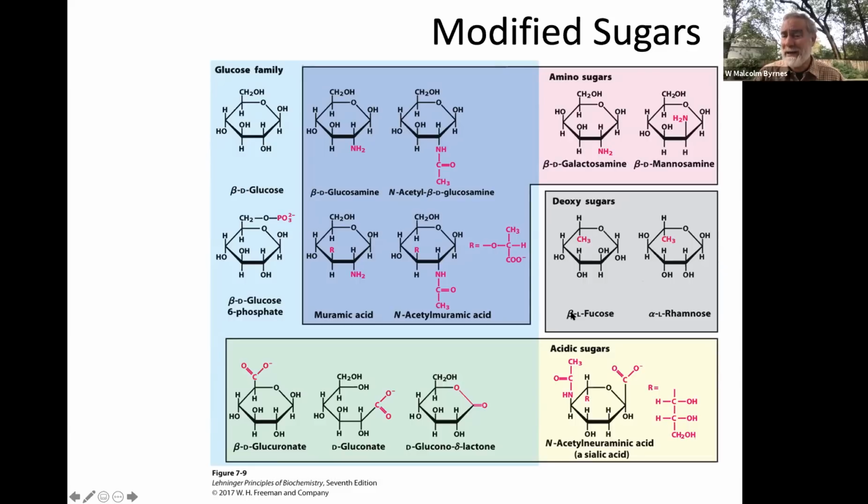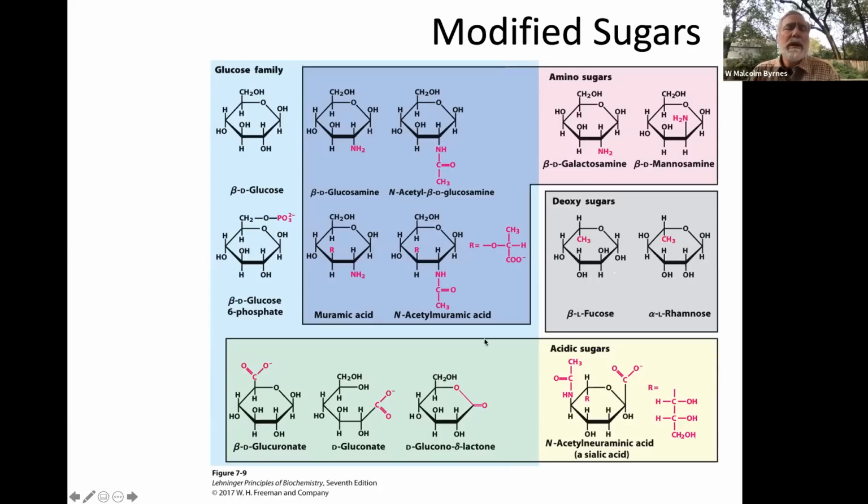That's why it's beta. But here, the OH group in alpha-L-rhamnose is on a different side from the CH3. Therefore, it's alpha. So those are some nuances that, when you understand them, will help you to understand what alpha and beta mean, what L and D mean.